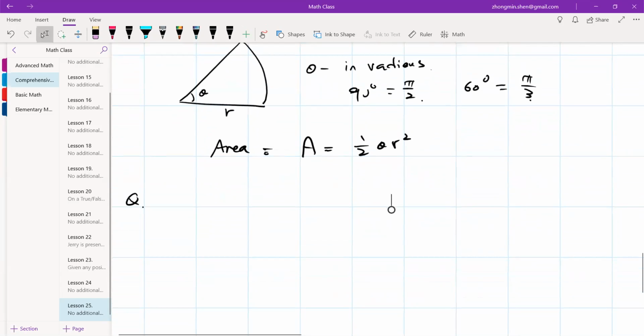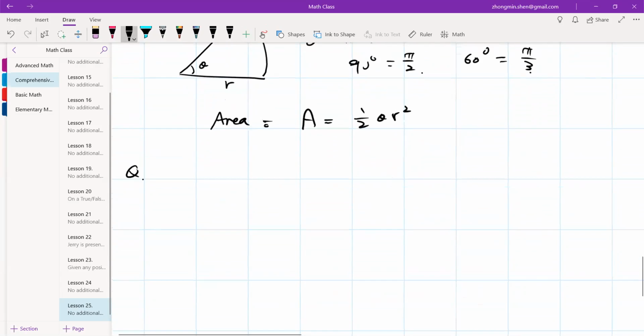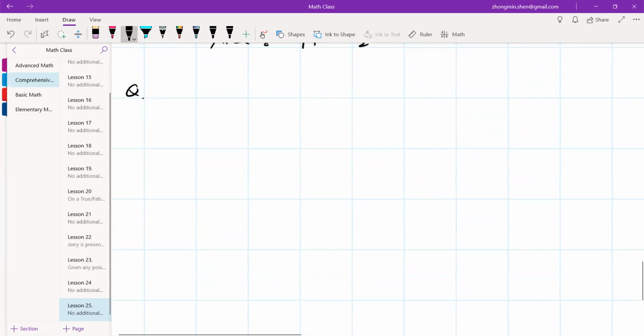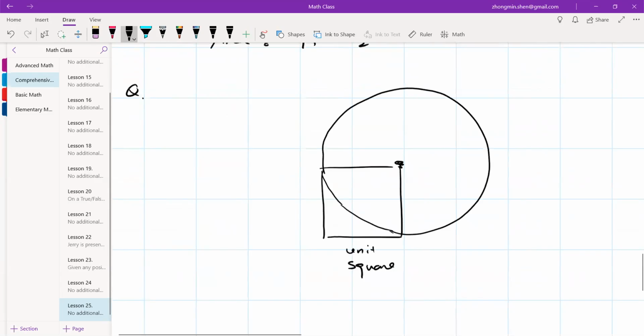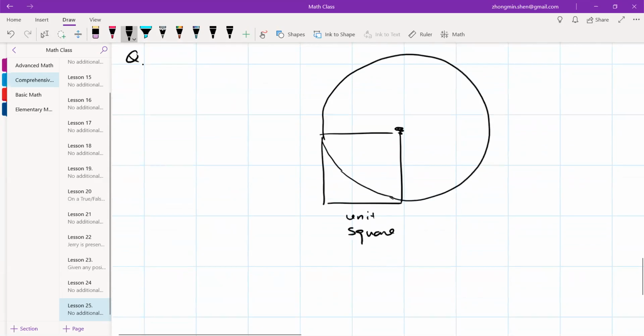My first question is, if you have a square, okay. I'm going to draw it at a different location because I really needed to draw two circles here. So here is a unit square. At this vertex, I draw a circle, and at that vertex, I draw another circle.